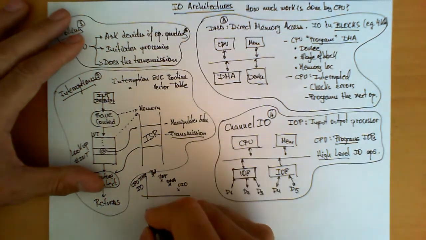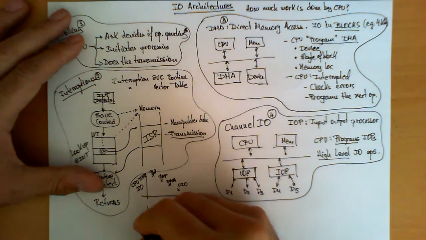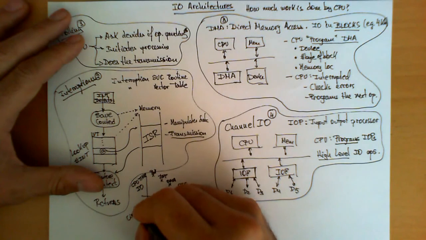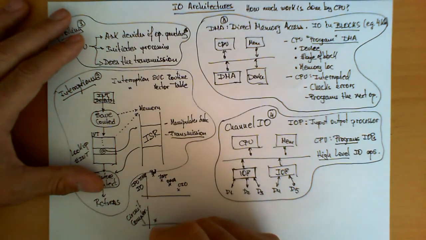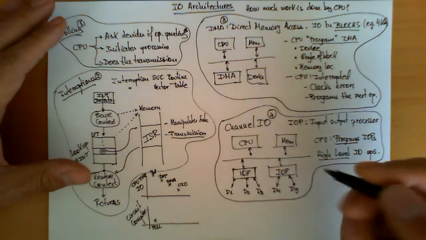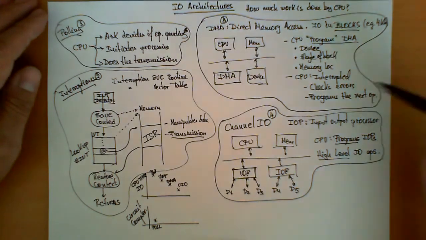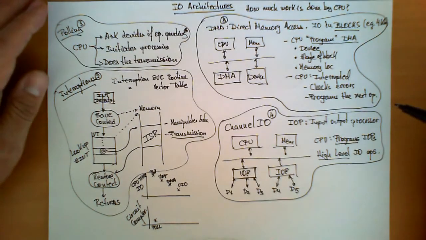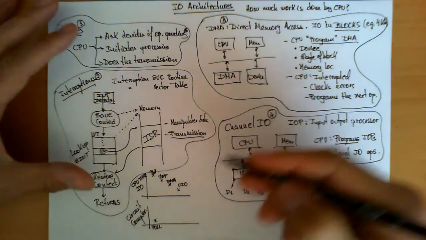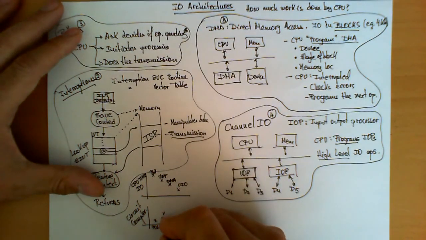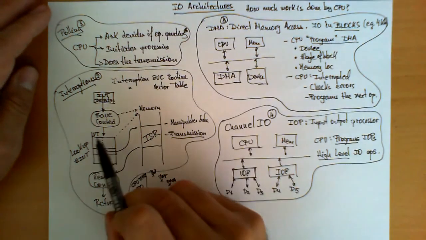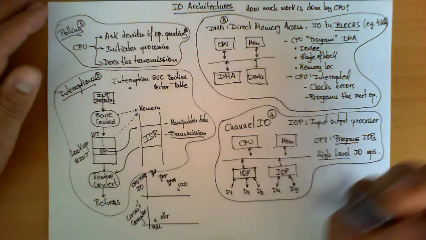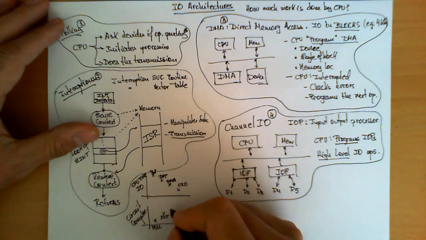But at the same time, we can draw this other graph in which we plot the circuit complexity. And the circuit complexity, as we can see, starts with a very low value for polling because the circuit that is needed is barely nothing. The CPU is asking the device if it needs an operation, it's taking care of everything. Interruption is a bit more complicated because the notion of an interruption controller appears. We need this lookup table, we need the service routines stored in memory.